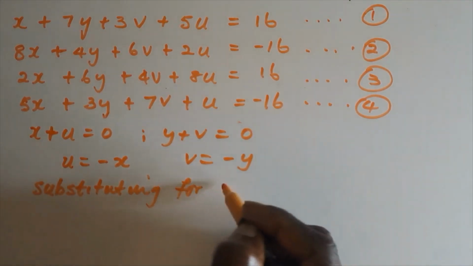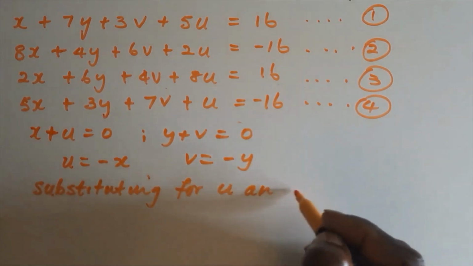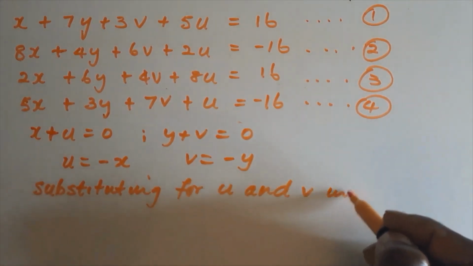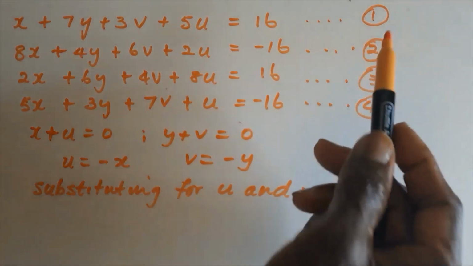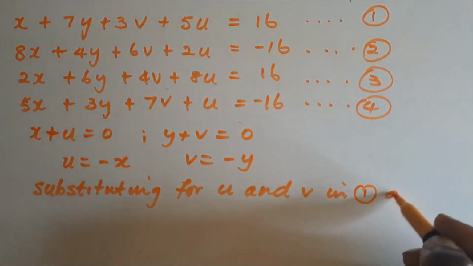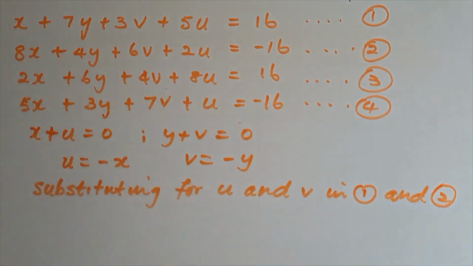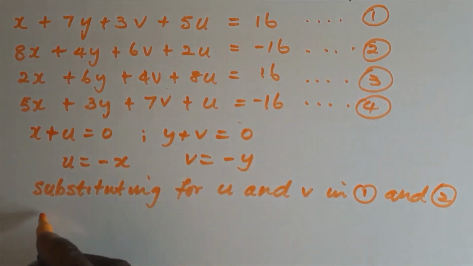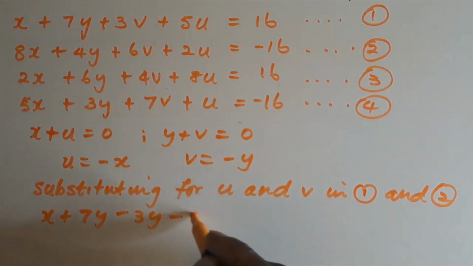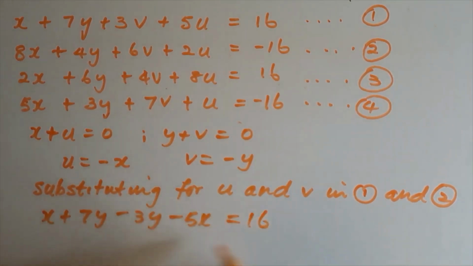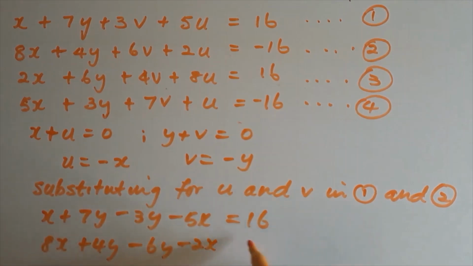Now if we substitute for u and v in equations 1 and 2, what do we get? We have x add 7y minus 3y minus 5x is equal to 16, and 8x add 4y minus 6y minus 2x equal to negative 16.